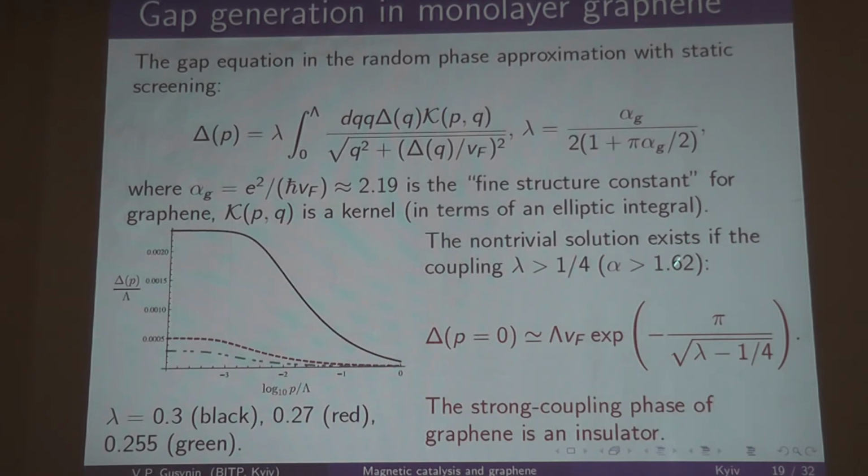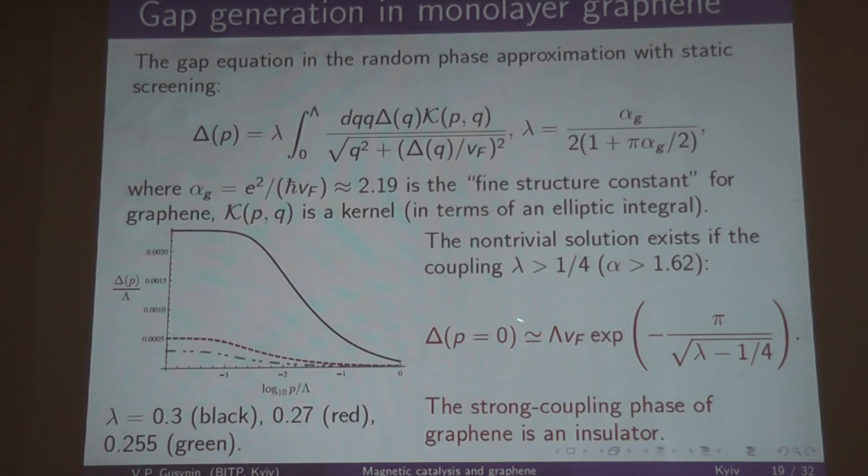This approximation which was taken here is just that the polarization function was taken as a static one. Then we get such a kind of solution, which reminds you of the formula from four-dimensional quantum electrodynamics.